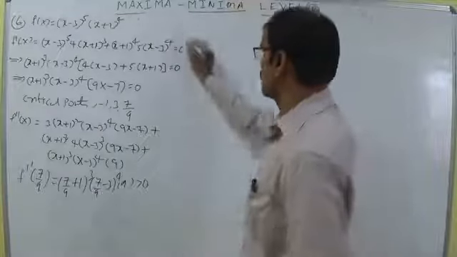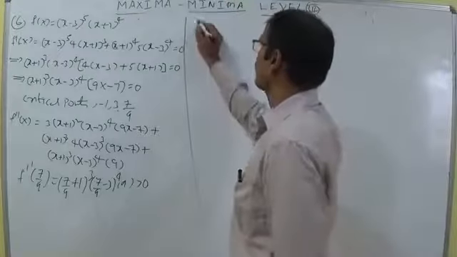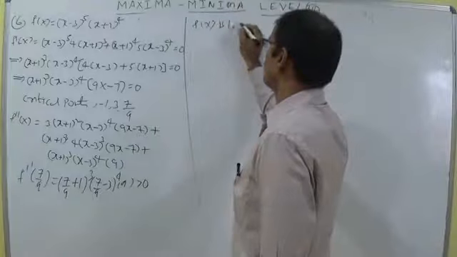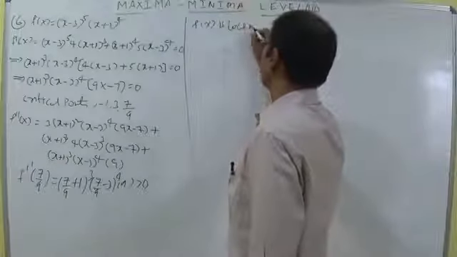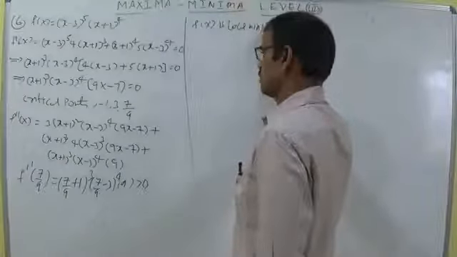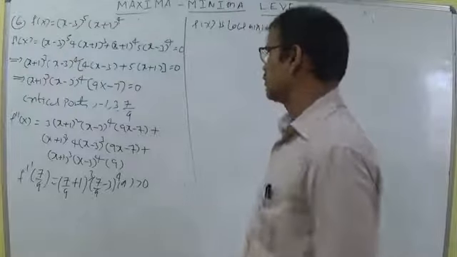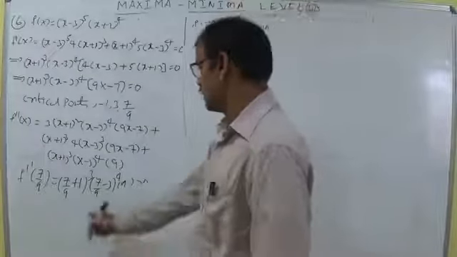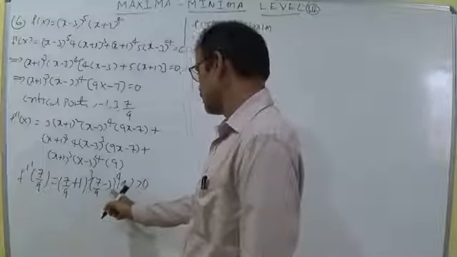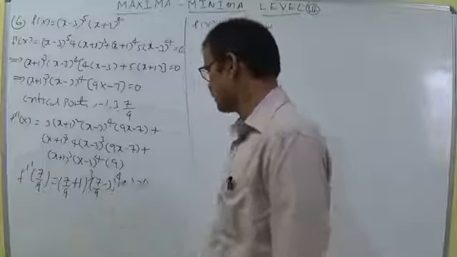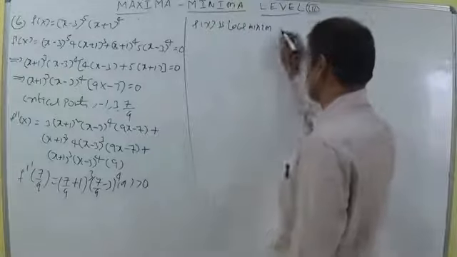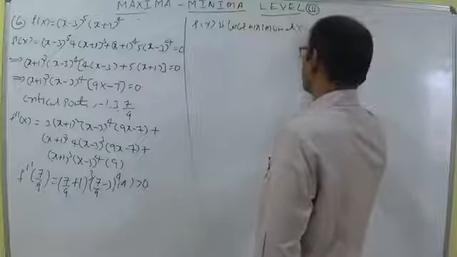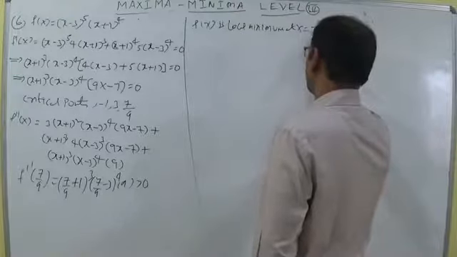So we can say that f(x) has a local minimum at x = 7/9. 7/9 plus 1 is positive, and 7/9 minus 3 is -20/9, anyhow power 4 it is positive. Local minimum at x = 7/9.